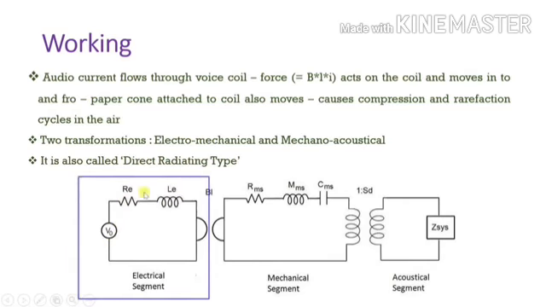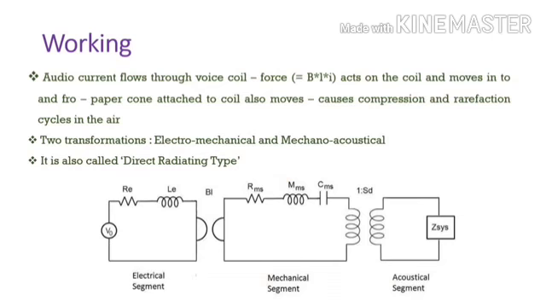The coil is having inductance as well as resistance. So you can see here the electrical segment that I have shown, where I give the electrical signal, and the coil is having resistance and inductance, connected in series. Now in electromechanical transformation, because of the current applied to this coil there will be a motion of the diaphragm. The diaphragm is having vibration, and that vibration may be having a damping constant, the diaphragm may be having some mass, and the diaphragm is having some compliance, the spring constant.